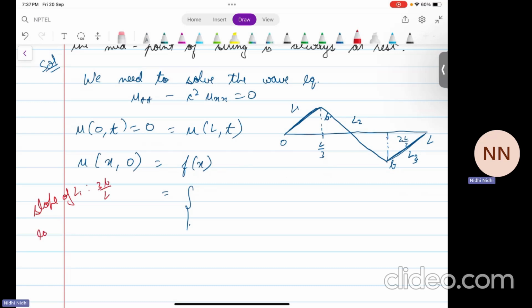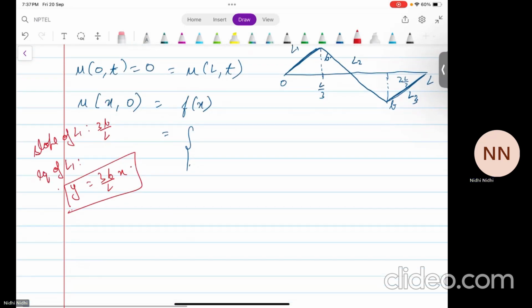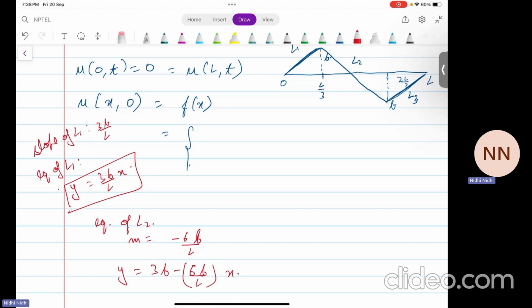So the equation of L1 is y is equal to 3b by L times x. Similarly, the equation of L2: the slope will be minus 6b by L, and the equation will be y is equal to 3b minus 6b by L times x.